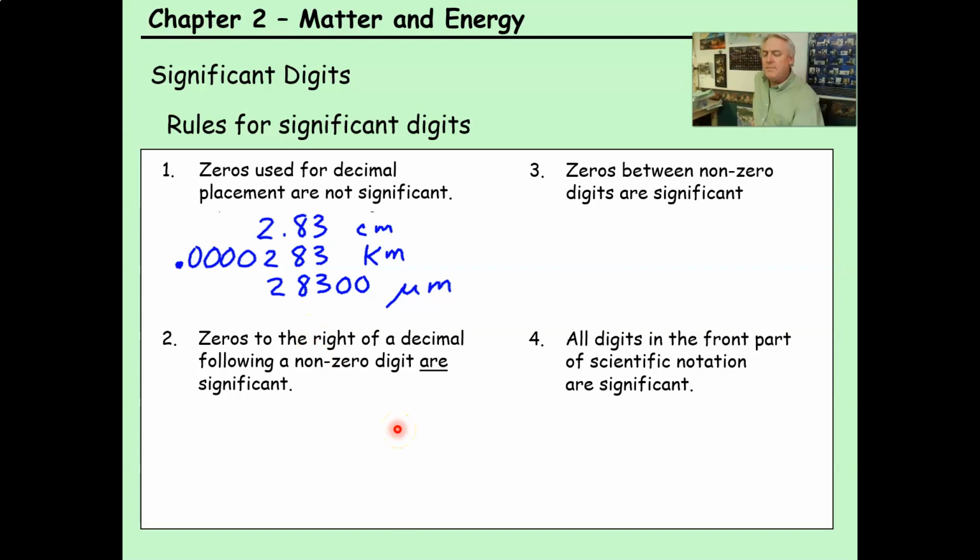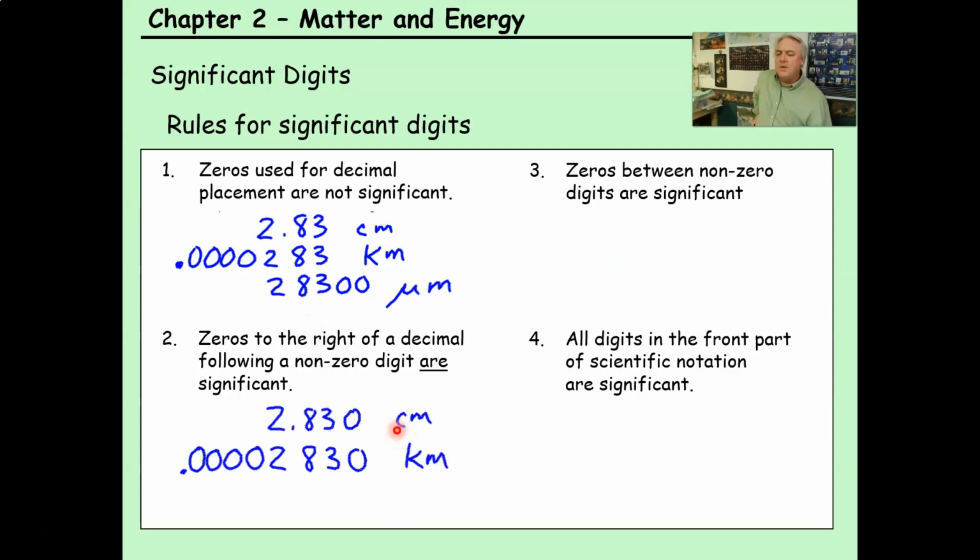All right, now sometimes you have zeros to the right of a decimal and there's something in front of it, for example 2.830. That's the case where the measurement landed right on the line, and we included the 0 to indicate that. So this measurement, 2.830, is made with a more precise ruler than the one in example number 1, where we only go to 2 decimals.